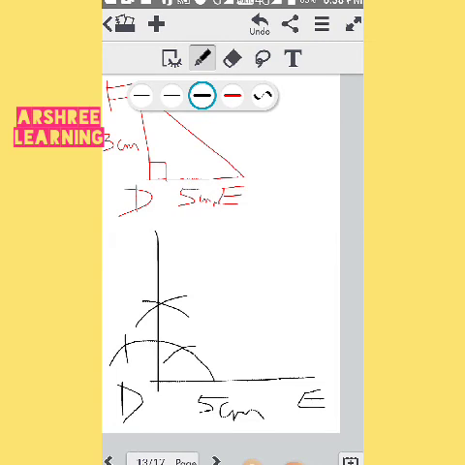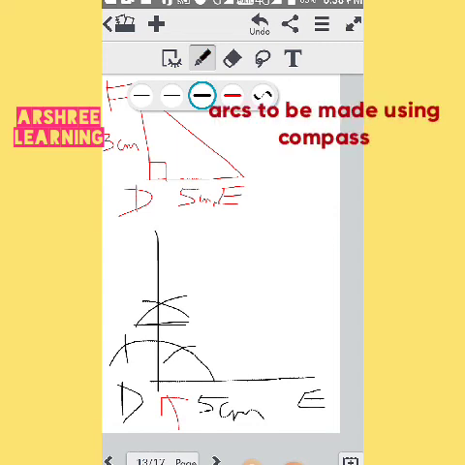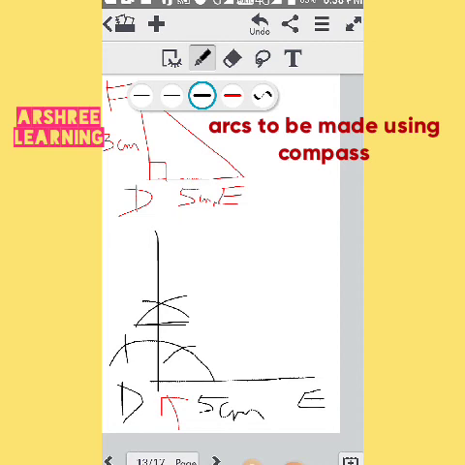After that, you will put the compass at point D and cut an arc of 3 centimeter. So with your compass you have to make 3 centimeter and join. This will become point F.